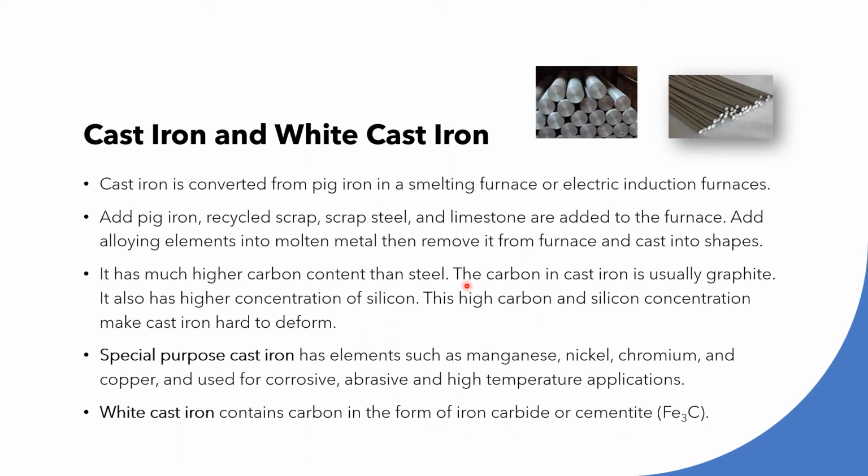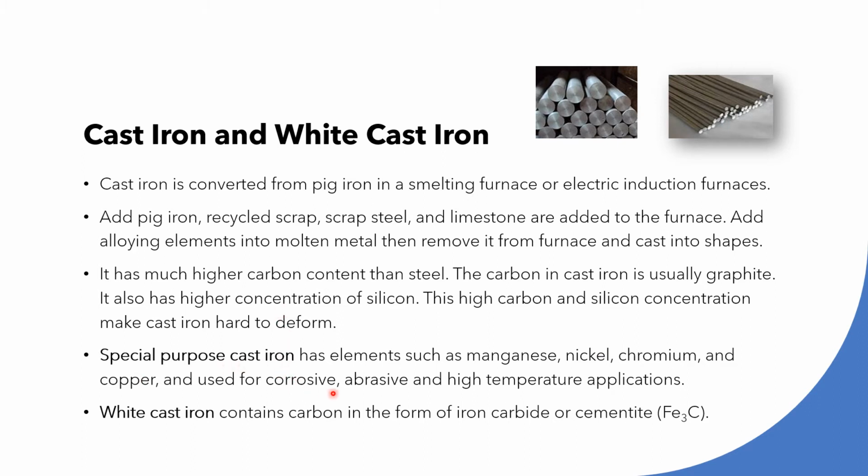So let's wrap it up before you get confused. White cast iron: the carbon is in the form of carbide. Cementite is nothing but iron carbide, in detail iron 3 carbide. We have special purpose cast iron, because we have different alloy elements: manganese, nickel, chromium, copper. What happens to the cast iron?